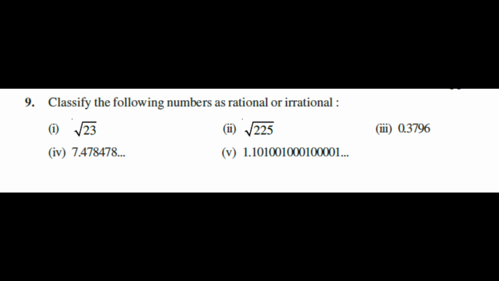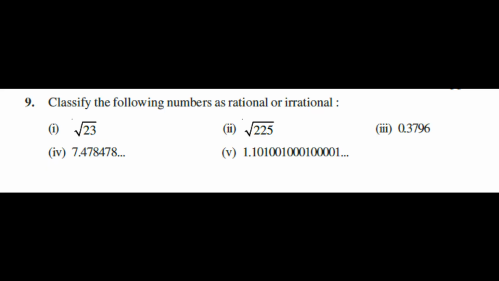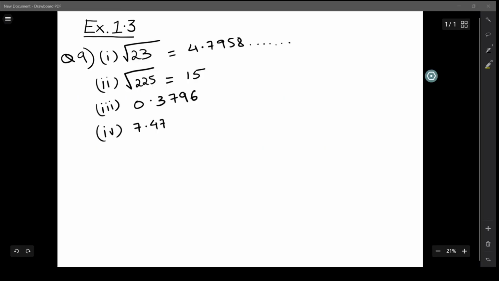Third part, 0.3796. This is already in its decimal form. It is a terminating decimal sequence, and hence it is a rational number. Fourth part says 7.478478, and so on.